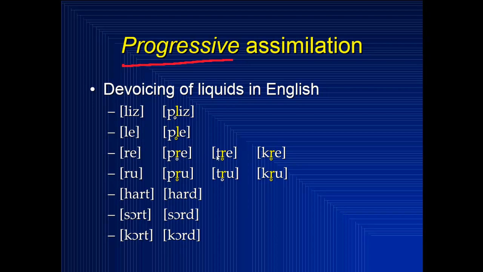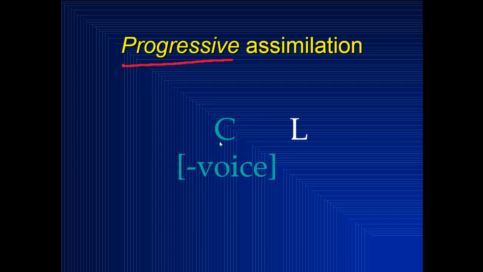Same thing for r in tray, r in cray. And for example, in ru, the r here is completely voiced. But in pru, in fact, it's devoiced. True, crew. All these sounds are preceded by voiceless stops: p, t, k. So these sounds are likely to have some kind of influence on the pronunciation of r. They make of it a devoiced one. So this is the case here. This is the rule.